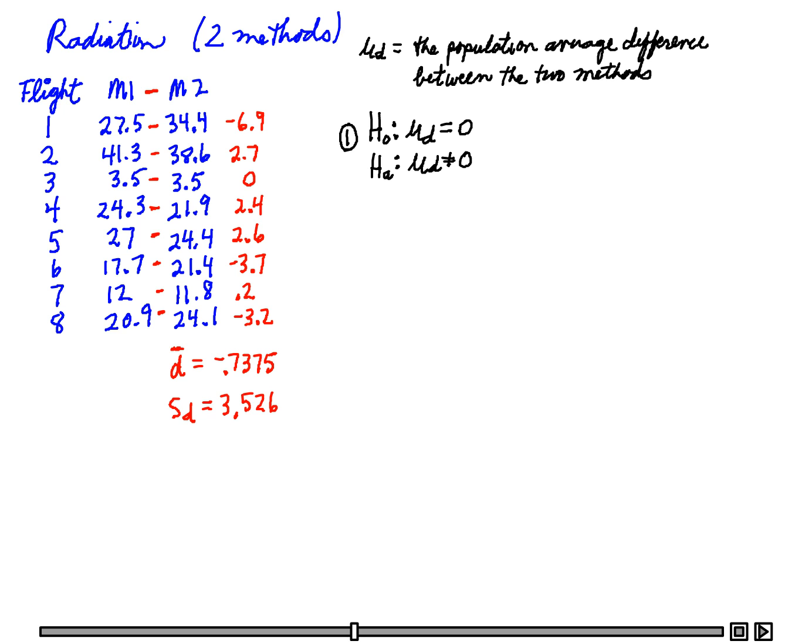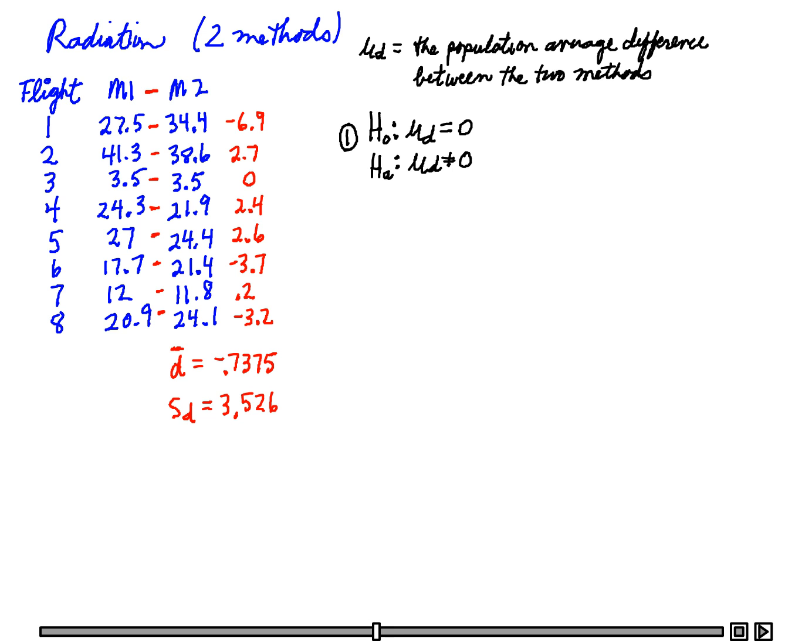Notice that we are now running a one population test instead of two populations. We are testing two populations, but we are able through the flight to match the values from one population directly to corresponding values of the other, and then test just the results, the differences.